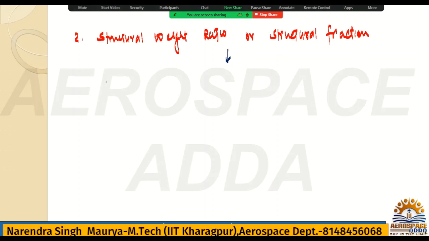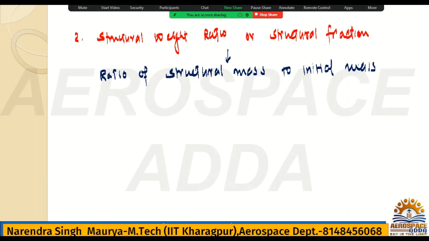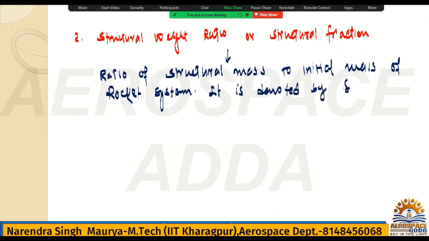It is defined as the ratio of structural mass to initial mass of the rocket system. It is denoted by delta. All right.